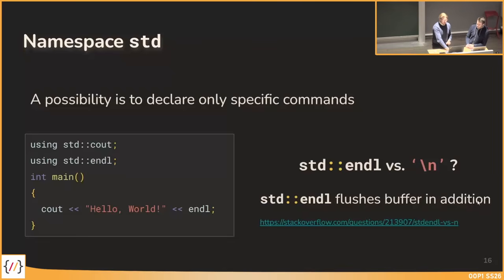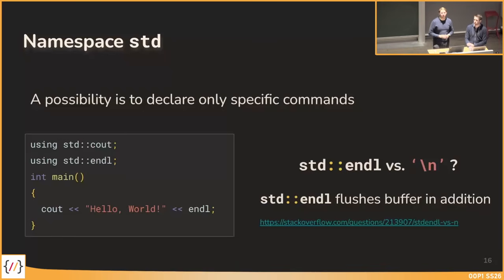And now we can also discuss the difference between std::endl and \n. The main advantage of std::endl is that even if the program crashes, the buffer is flushed. So, for example, you have some output in your code, the program crashes, std::endl will make sure that the endline is actually printed, which is not the case when you use \n.